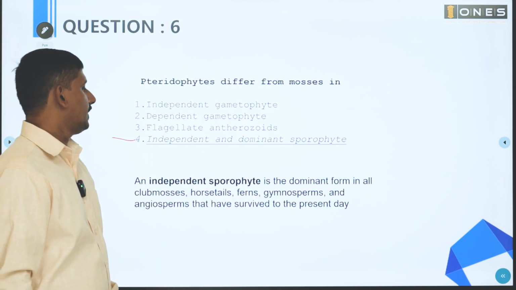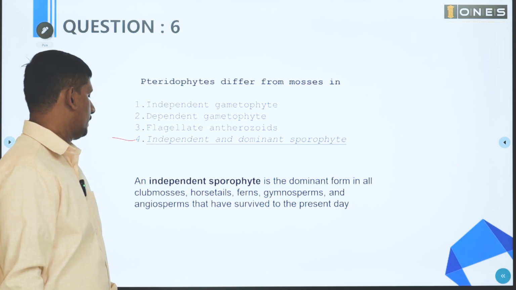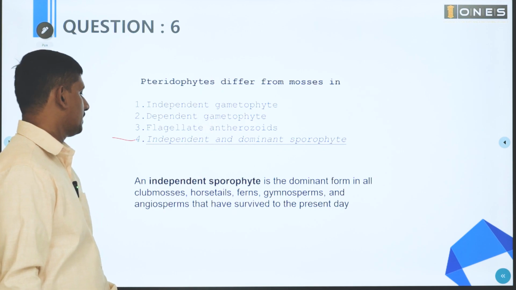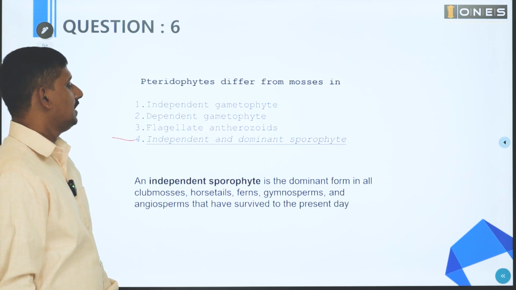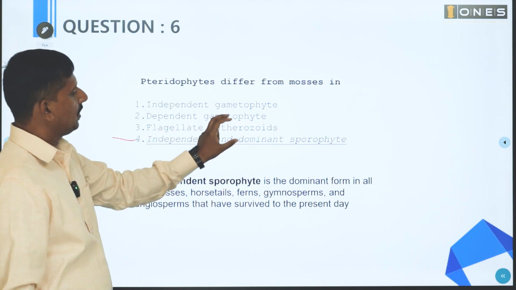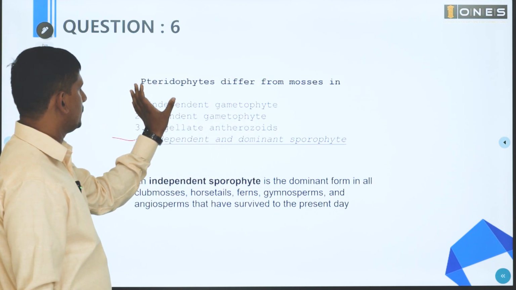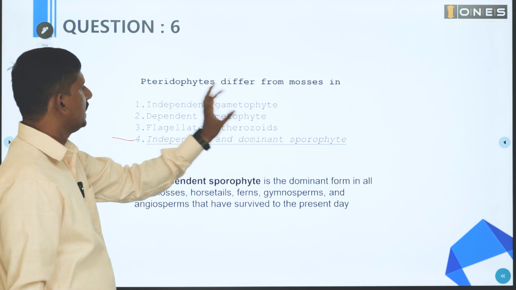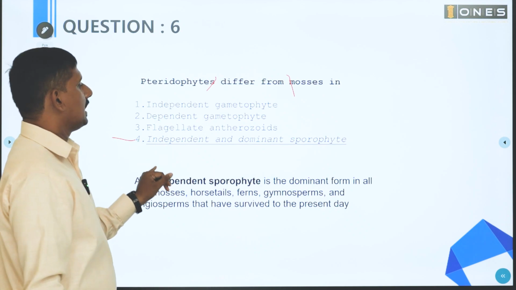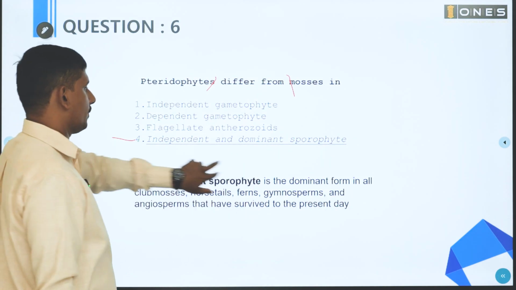An independent sporophyte is the dominant form in all club mosses, horsetails, ferns, gymnosperms and angiosperms that have survived to the present day. So the correct answer is independent and dominant sporophyte.